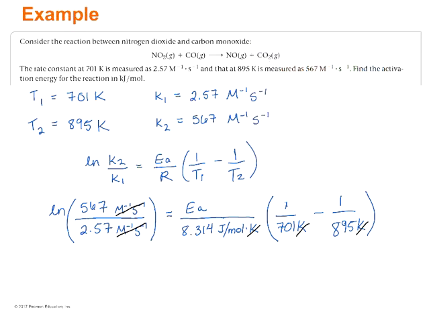Okay, so now on the left-hand side, we should end up with, let's see, a value of 5.40.